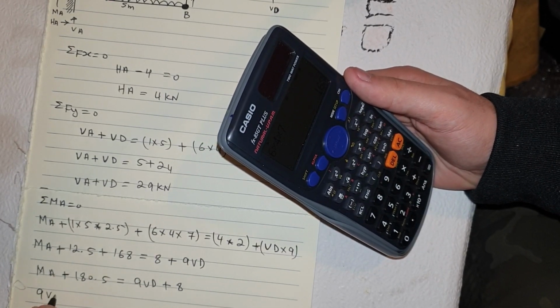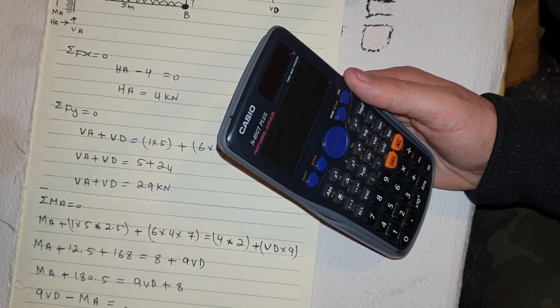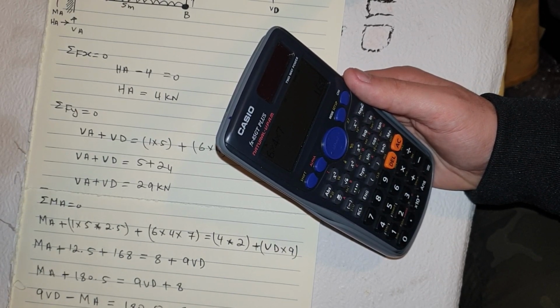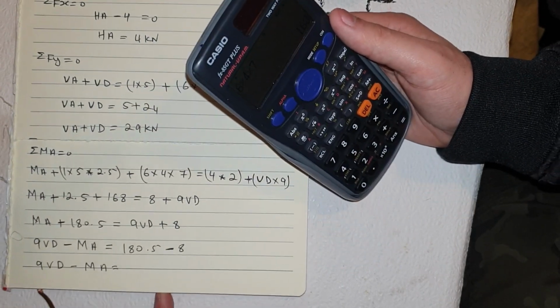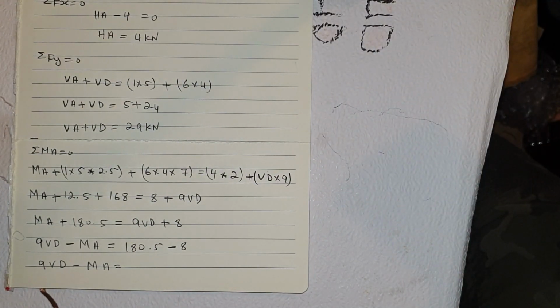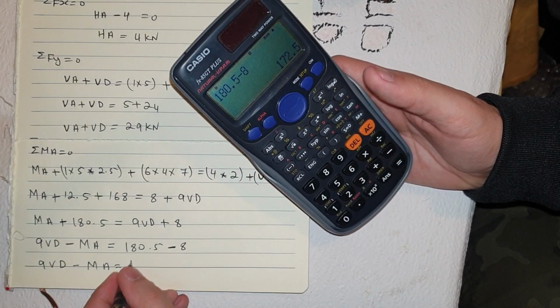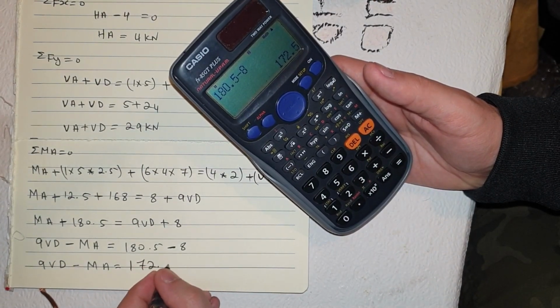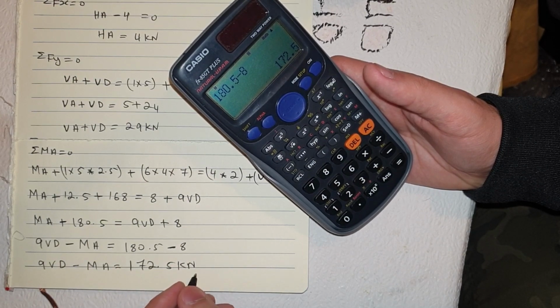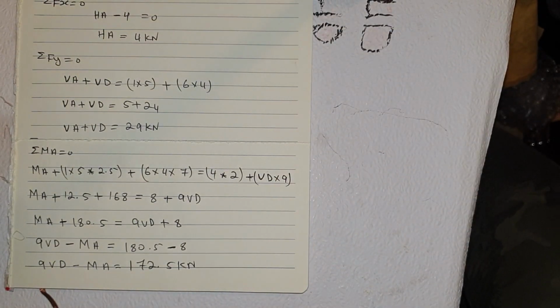So 9 Vd minus Ma will be equal to 180.5 minus 8, which is equal to 172.5 kilonewton. So now we have two unknowns. We have Vd and Ma.